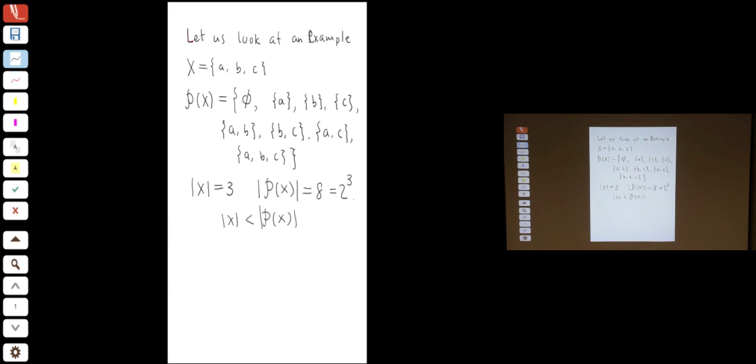Also, in the 6-line proof, you'll see that I define an injection from X to the power set of X by sending A to the singleton set {A}, B to the singleton set {B}, C to the singleton set {C}. So I'm saying inside the power set, there's almost like a copy of X. The copy is this, right? Because you have A, I have the singleton {A}. You have B, I have singleton {B}. If I have C, I have singleton {C}.